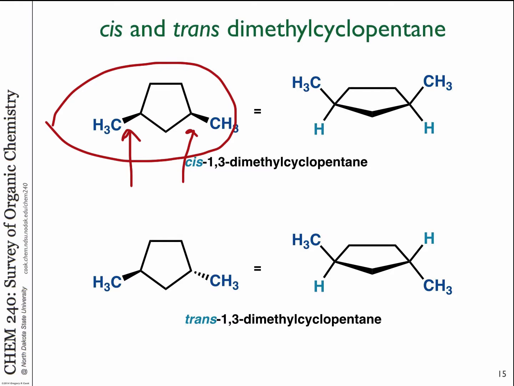Since they're both on the same face of the ring, we would refer to that as the cis structure. And this is trying to give you a perspective looking sideways at the ring. So we can have the cis-1,3-dimethylcyclopentane or trans-1,3-dimethylcyclopentane. Different molecules, different stereoisomers, but they have the same kinds of atoms all bonded to the same atoms.